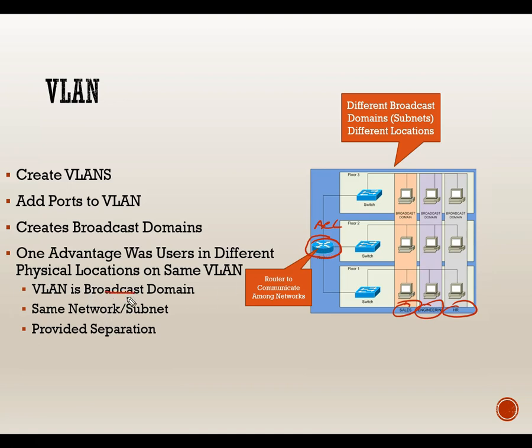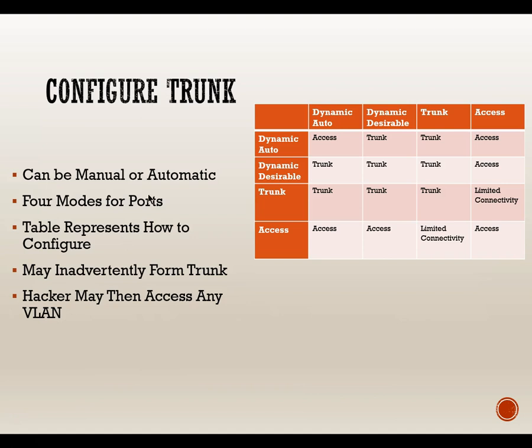So a VLAN is a broadcast domain, same network subnet. We provide some separation and a little bit of security when we do that, because we can create access control lists and restrict traffic at layer 3, a capability that we wouldn't have at layer 2.